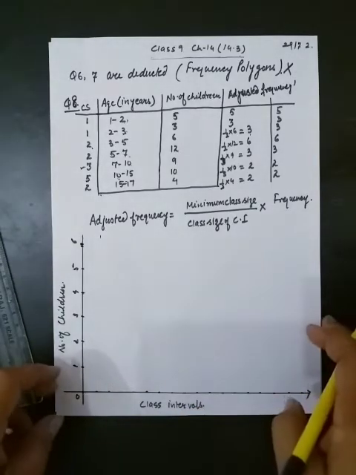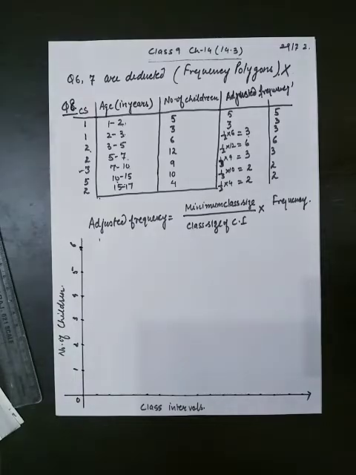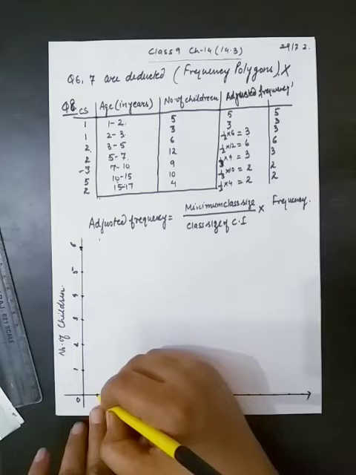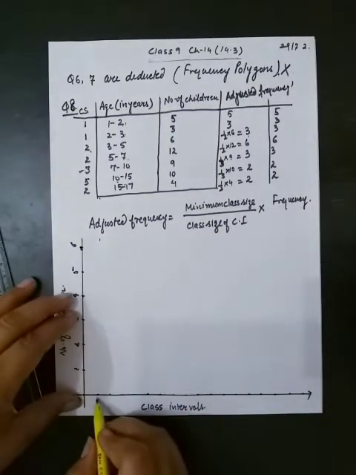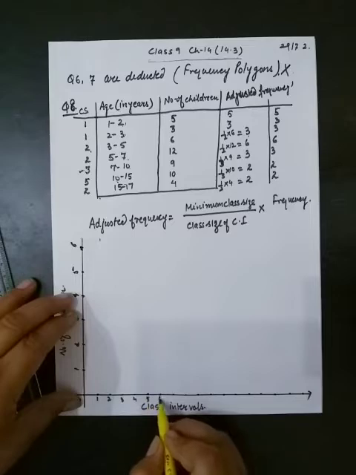Now we are going to plot for the first interval. First interval is 1 to 2 and its frequency is 5. So against first dot, here you can write 1, 2, 3, 4, 5, 6.